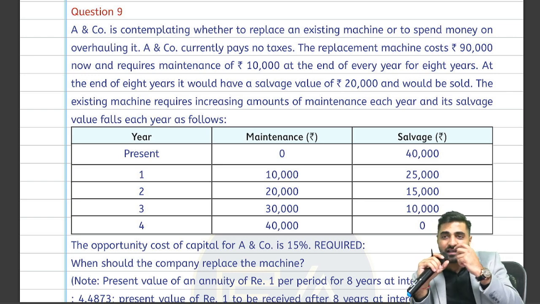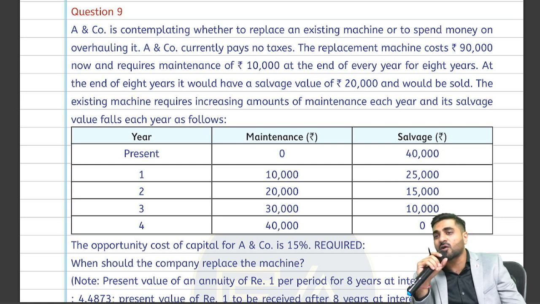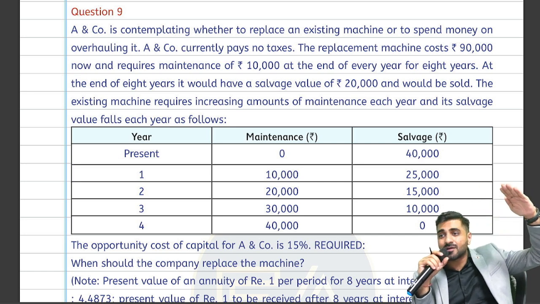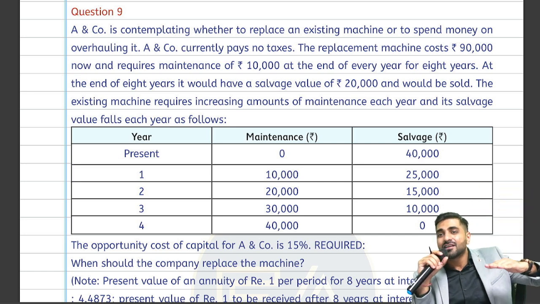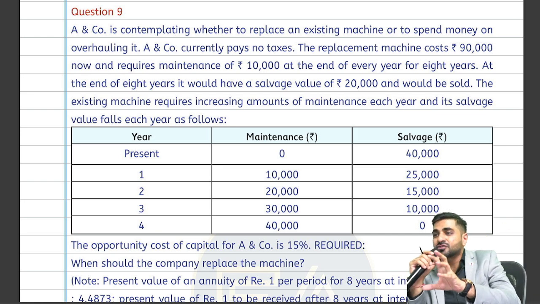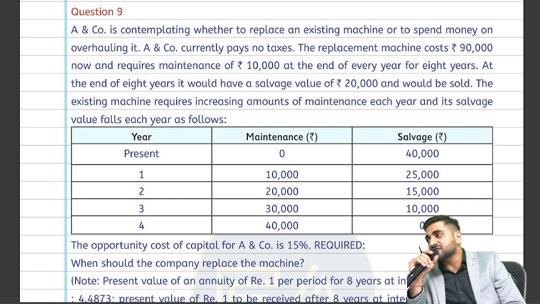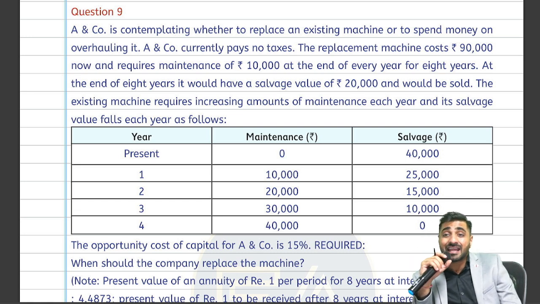But if you use the car for 15 years, then what are the consequences? Can I say that if you use the car for 15 years, then maintenance cost will be increased year after year? Salvage value will be reduced year after year. So there has to be one time now where you should replace the car which gives you maximum benefit. So this question is on optimum replacement time.